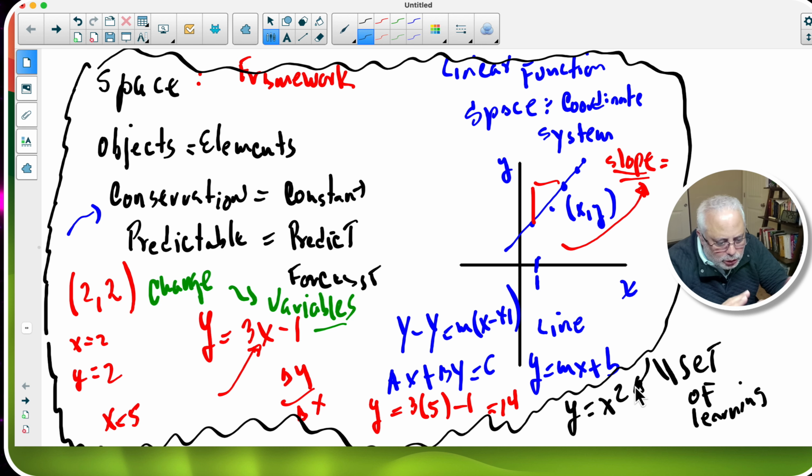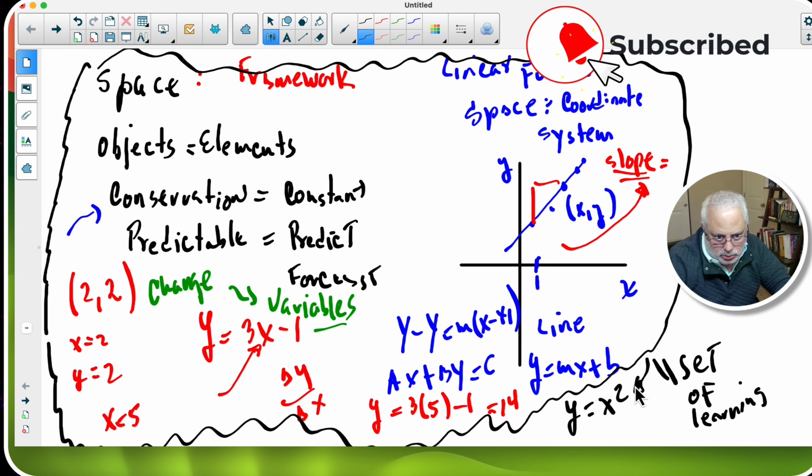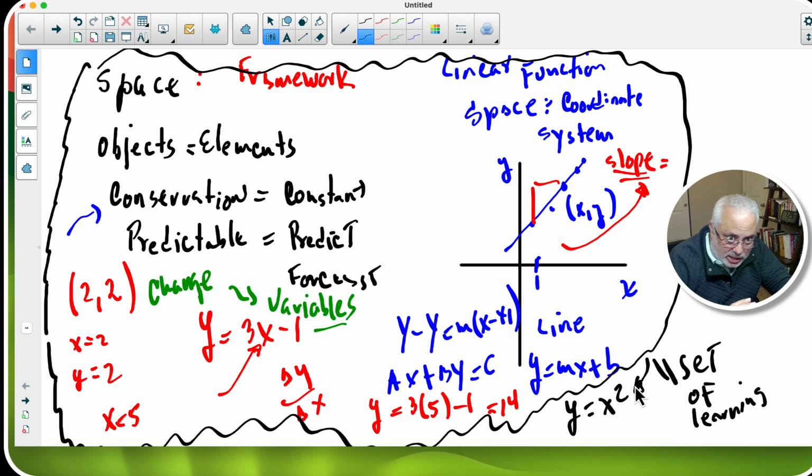as a linear function. It's a quadratic structure. And then you can say, okay, we can use this new object, which is a quadratic function. We're going to use it in the same space. We're going to use the same points, the same elements, x and y, but we cannot predict it in the same way because, by the way, the slope of a curve is not constant.